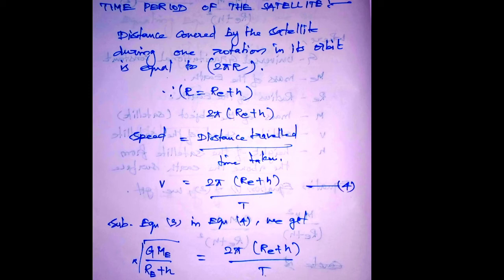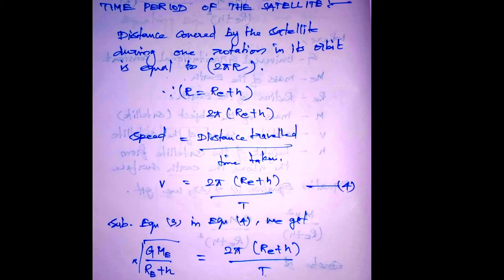Now substitute the v value, that is, substitute equation 3 in equation 4. So we get the square root of G Me divided by (Re + h) equals 2π(Re + h) divided by T. On the left-hand side, the square root is given separately.